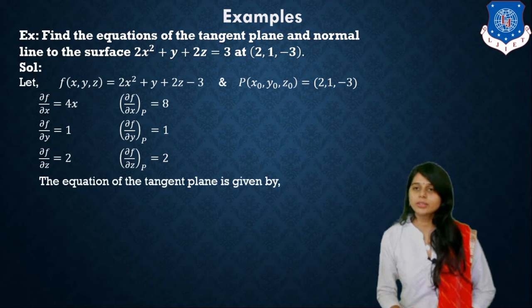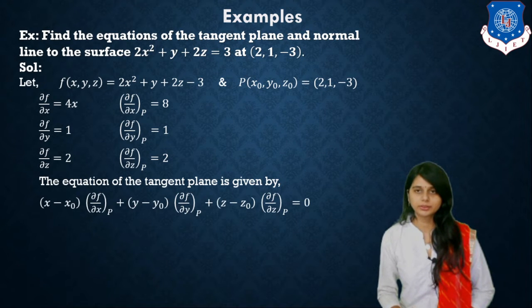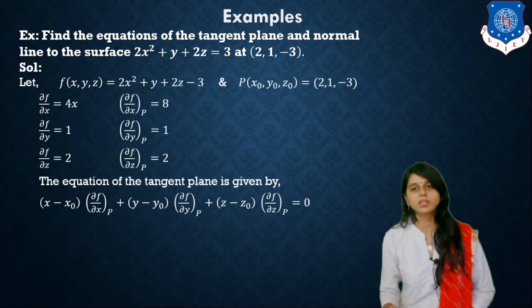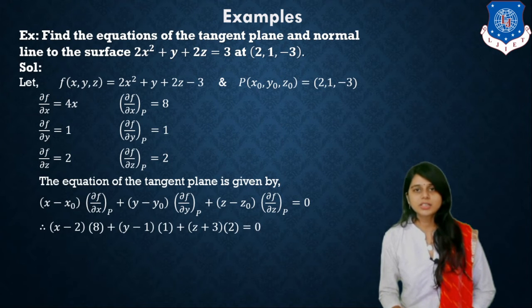Now the equation of the tangent plane is given by (x minus x0) del f by del x at point P, (y minus y0) del f by del y at point P, (z minus z0) del f by del z at point P equal to 0. What is x0? 2, y0 is 1, z0 is minus 3 respectively, and del f by del x at point P is 8, del f by del y at point P is 1, and del f by del z at point P is 2.